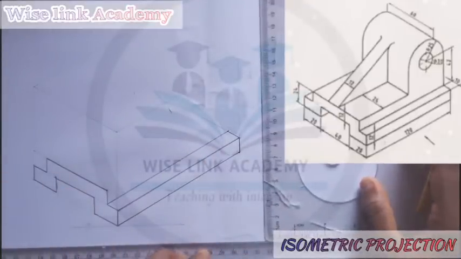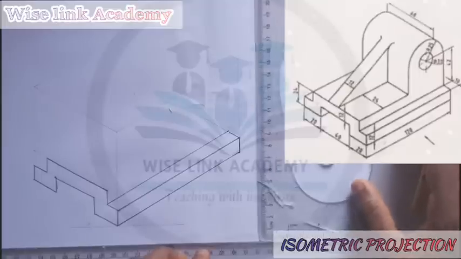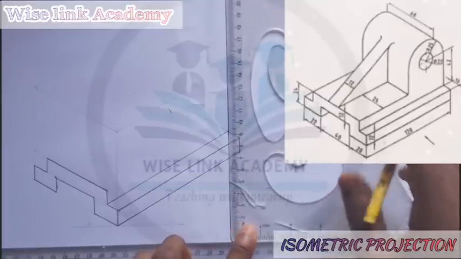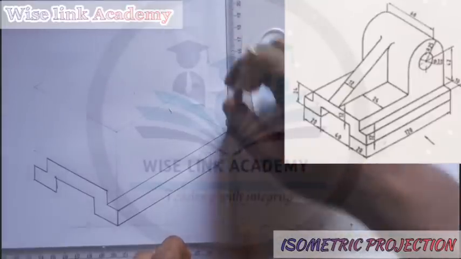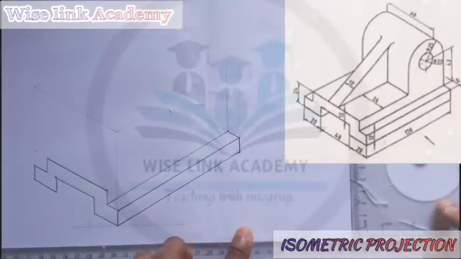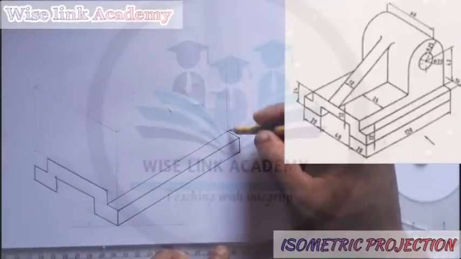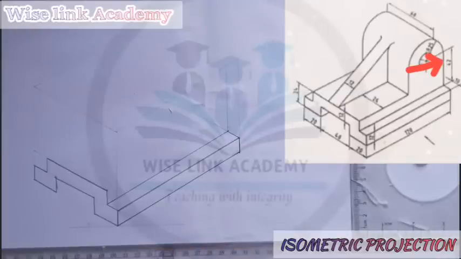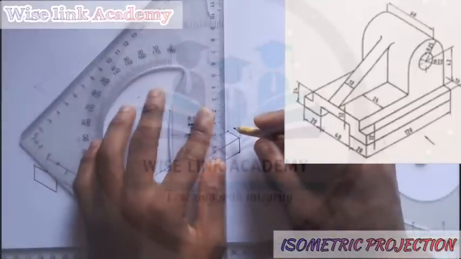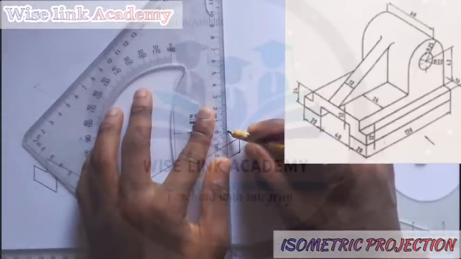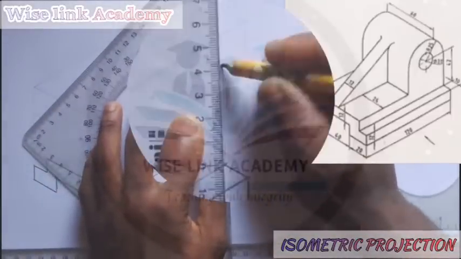Next task is that I will take this point here. I will take it upward. Mind you, this point I took upward, right? It has a specific height of 42, which I'm going to measure out. So measure out 42 from here to here is simply 42.